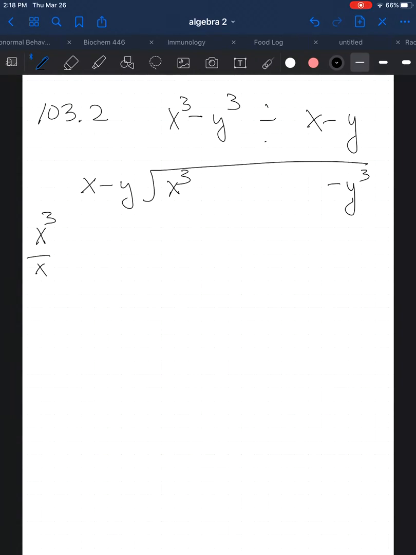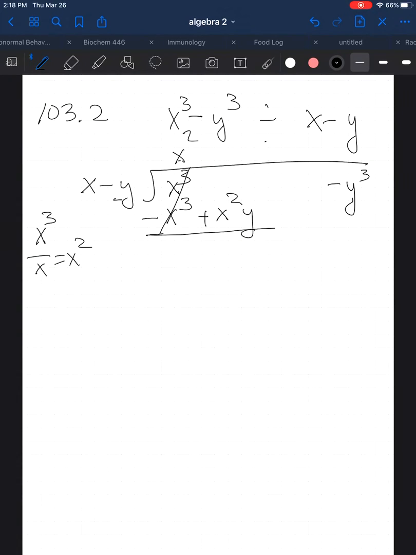So you took the x cubed divided by x, and that was x squared. x squared times x is x cubed, and x squared times negative y is minus x squared y. Draw the line, change the signs.